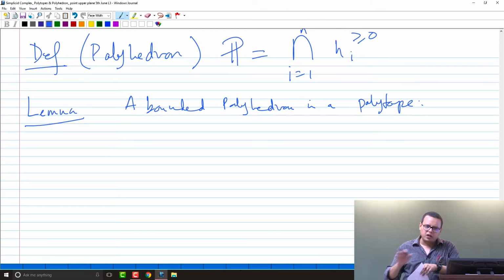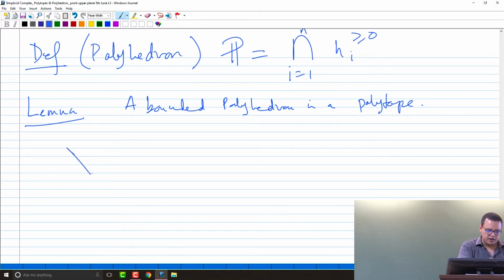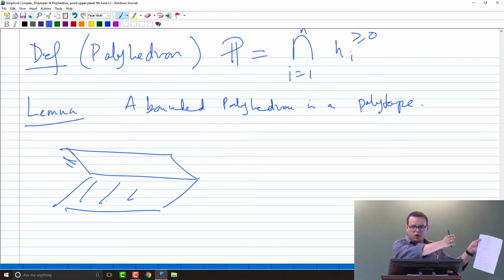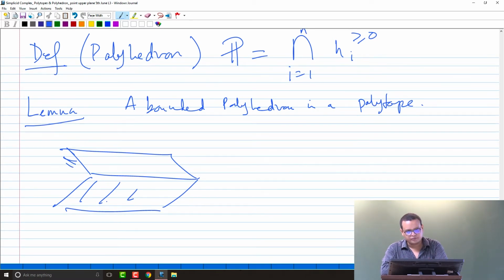But a polyhedron's faces can be infinite. Exactly the example that I was saying, something like a half plane that goes in this direction, intersected with another half plane that goes in this direction. So, it will be like a cone kind of structure, and the hinge, this supporting line, is a face.